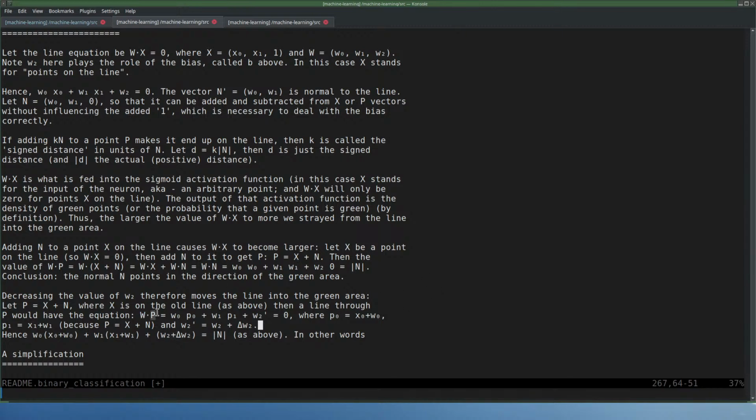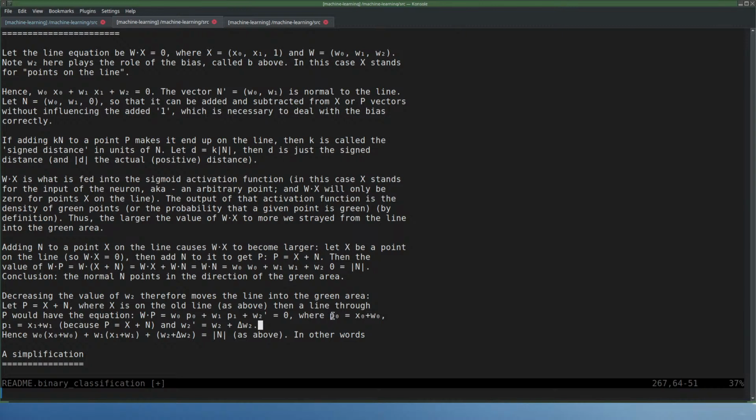Yeah, so then we say our P is on a line. Then what is the line equation? But we didn't change anything except the bias. So this line must have the same W0 and W1 that we had, and that is unchanged. And then the new P must be on that line, so it must be equal to 0.